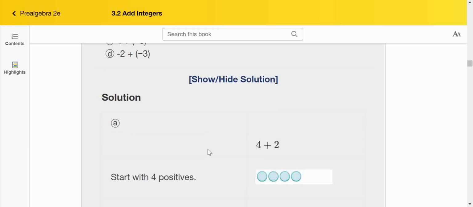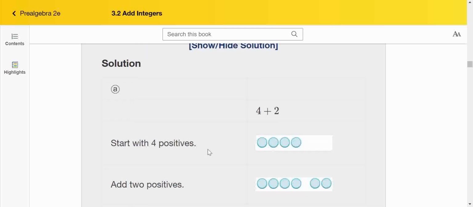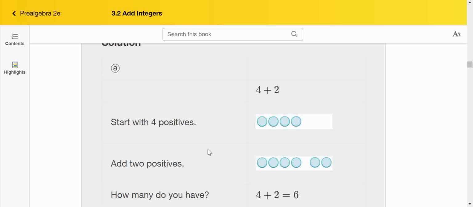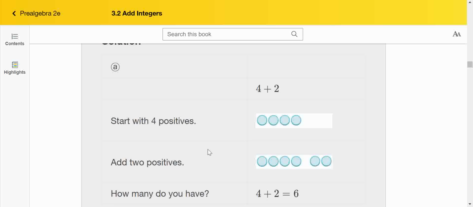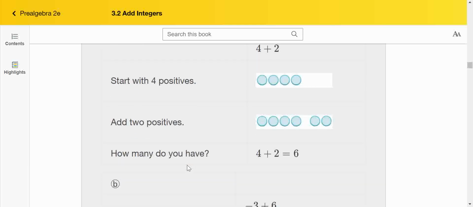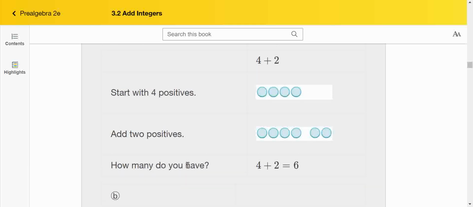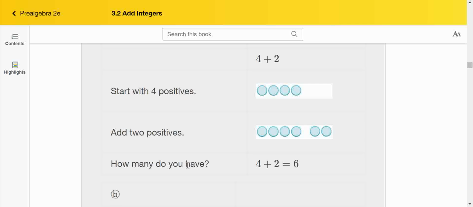For A, we start with 4 blue markers, add 2 more blue markers. These are add 2 positives, and we count the total, giving us 6 blue markers, and so 4 plus 2 is 6.